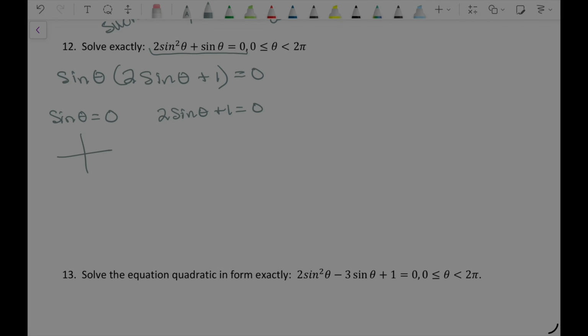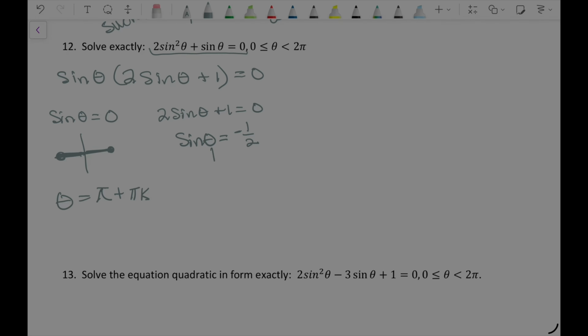This one, sine equals 0 here and here. When theta is 0 plus 2 pi k, or pi plus 2 pi k, or they can be combined into pi k because it's every half cycle later. The next one, solving for sine would equal a negative 1/2.